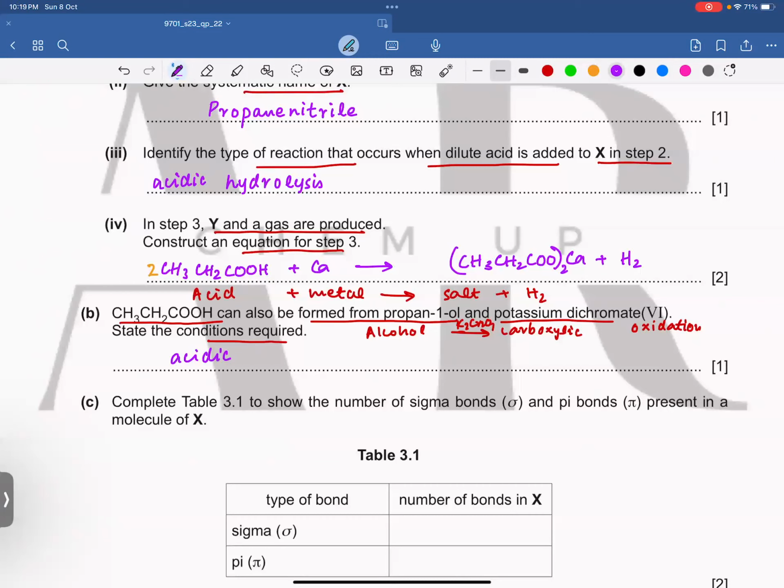The other condition is that whenever we get a carboxylic acid, we have to heat the reaction mixture under reflux. So the conditions are acidic conditions and heat under reflux. Is this clear?